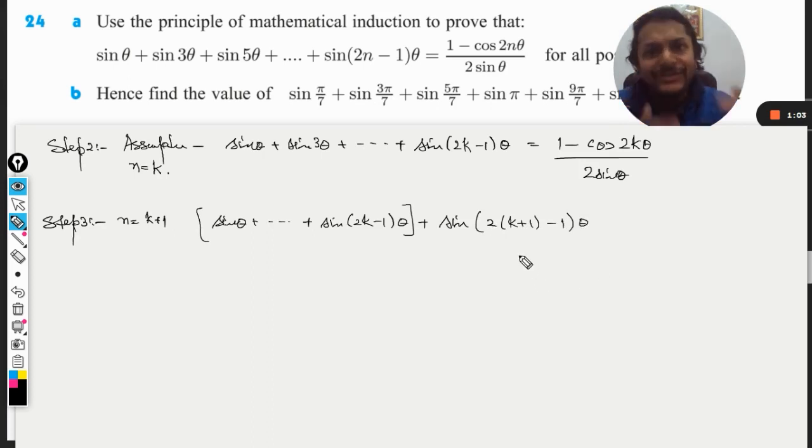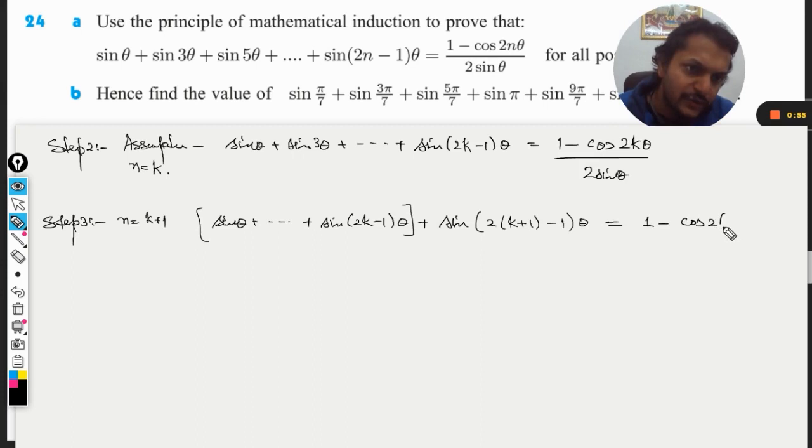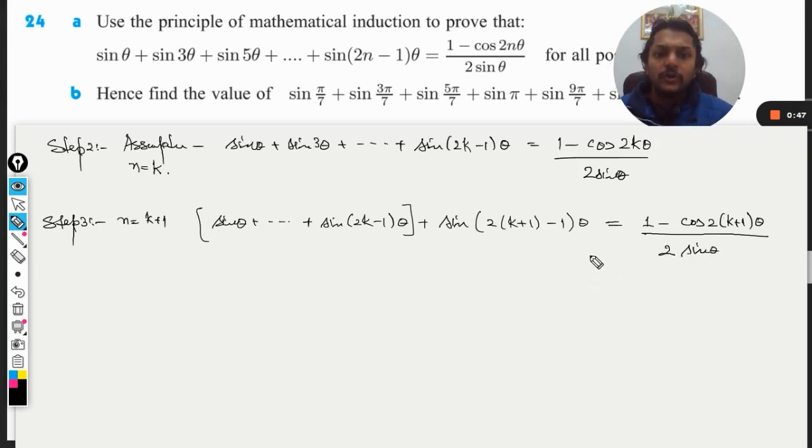This is another term added to the series. This is the last term. This will be equal to 1 minus cos of 2 k plus 1 theta divided by twice of sine theta. We have simply substituted k plus 1 in place of n.